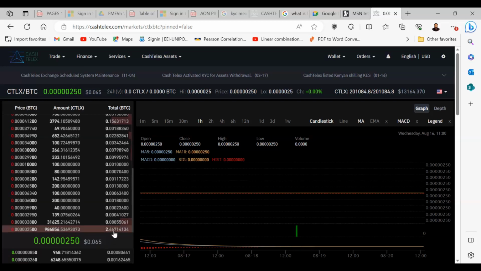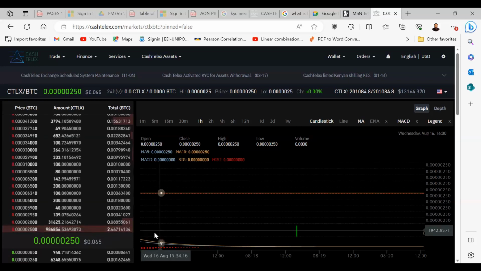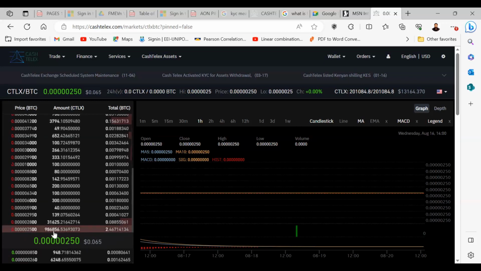If you have this quantity of Bitcoin, just come here and buy. Or if you don't even have this quantity of Bitcoin, but you want to buy at this price, once you place your order, automatically it's going to take from some of the Bitcoin here, because somebody is placing an order to sell some CTLX at this price.